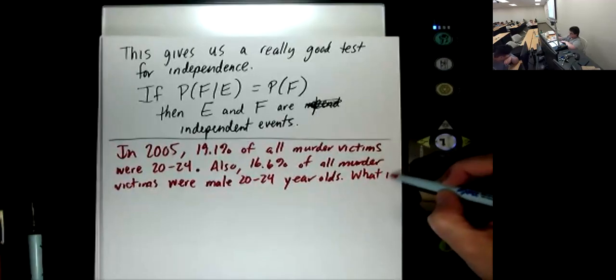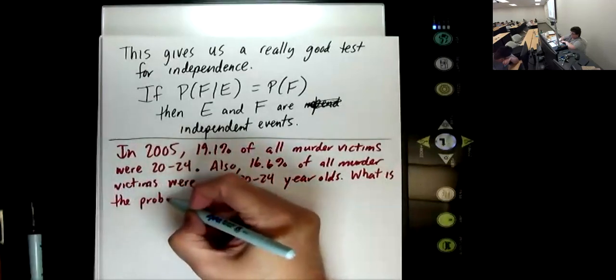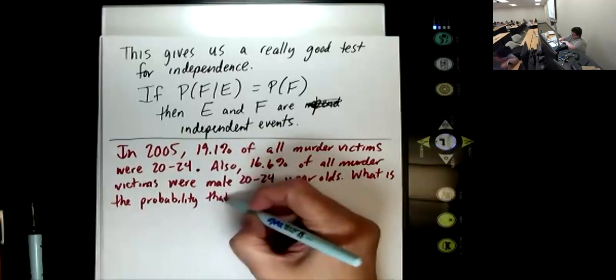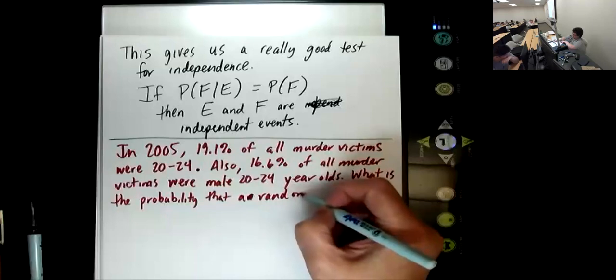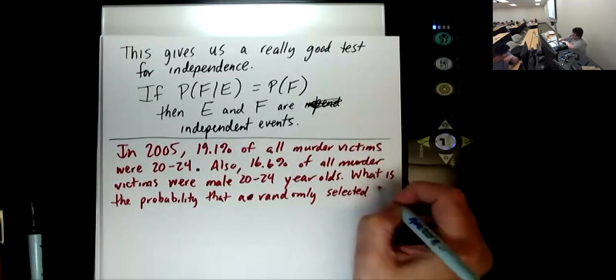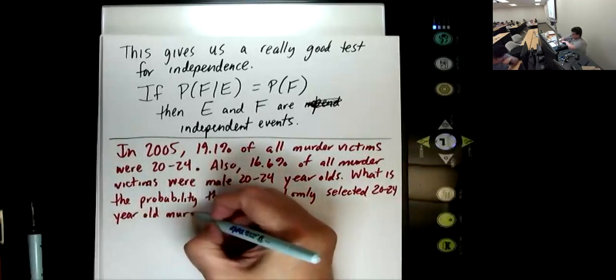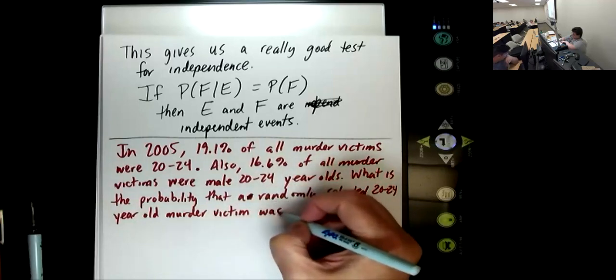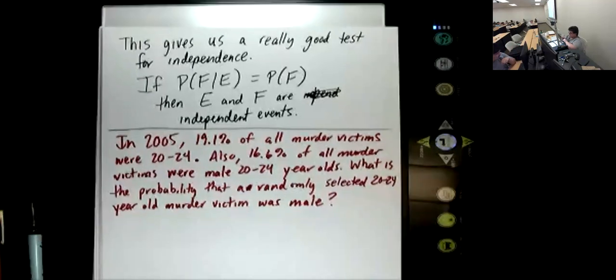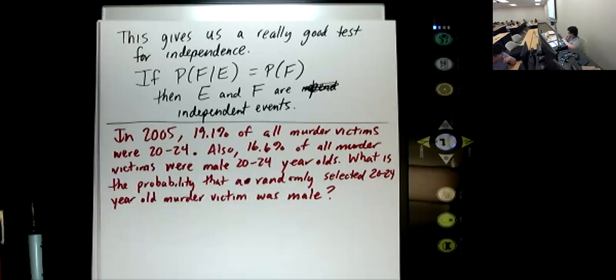What is the probability that a randomly selected 20 to 24-year-old murder victim was male? Give you a second to write that down and we'll translate it.